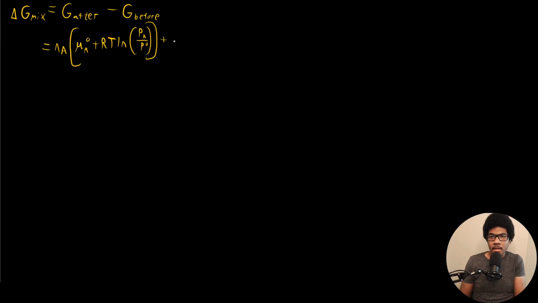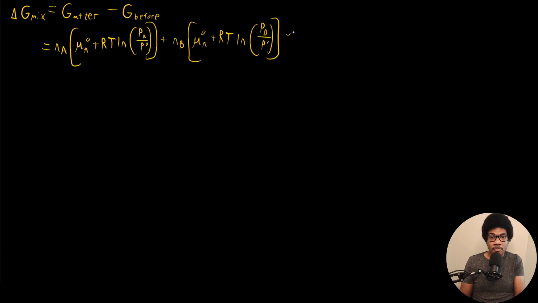Plus NB mu A naught, plus RT ln PB over P naught, right?